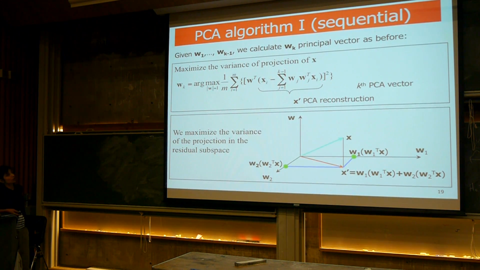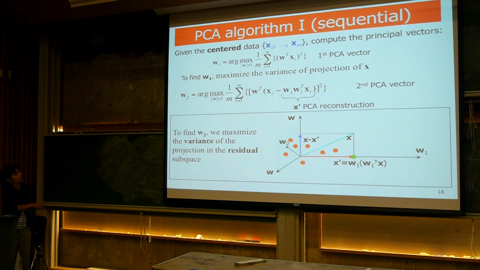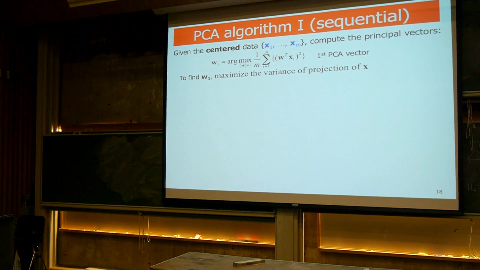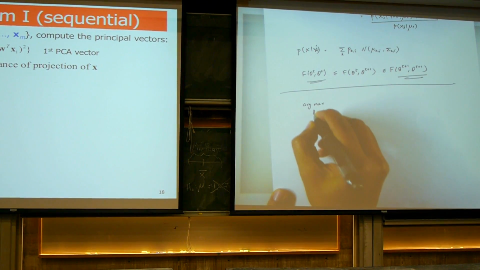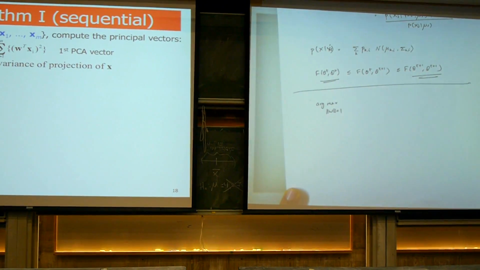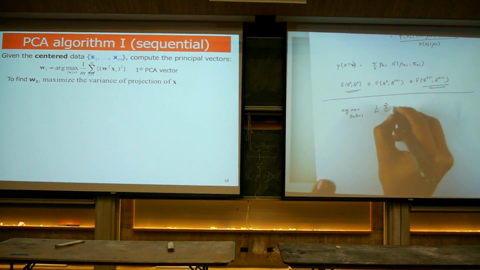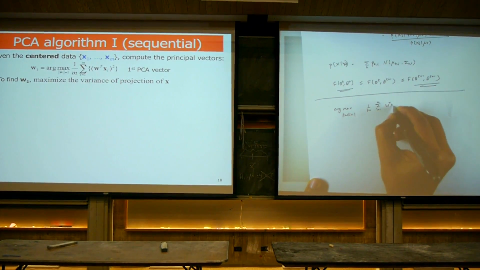How exactly would you solve it? So let's go back to the first one. How did we find the first principal vector? We said, well, we want to maximize this quantity. Now it looks kind of like a hard optimization problem, but all that this optimization is doing is saying maximize over vectors w that have norm 1, 1 by m, sum i equal to 1 to m, w transpose xi squared.